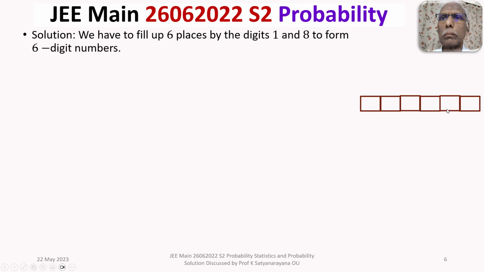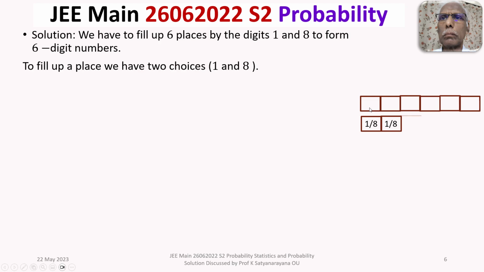So, 6 places are there, and the digits to be used are only 2 elements, 1 and 8. To fill up a place, we have 2 choices, 1 or 8. So, first 1 or 8, second 1 or 8, third, fourth, fifth, sixth, 1 or 8.